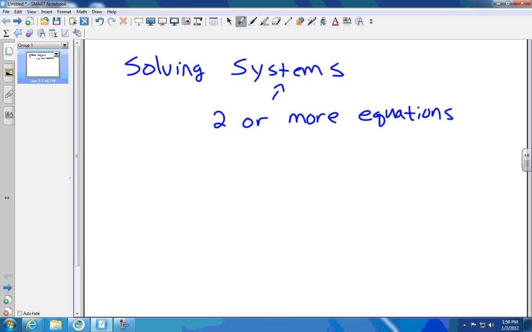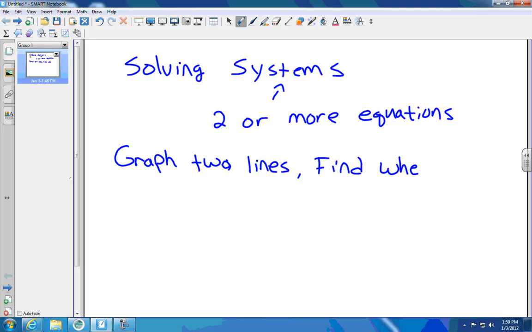So we are going to solve these systems by graphing. So what you're going to do in section 1 is graph two lines. Graph two lines and find where they cross.